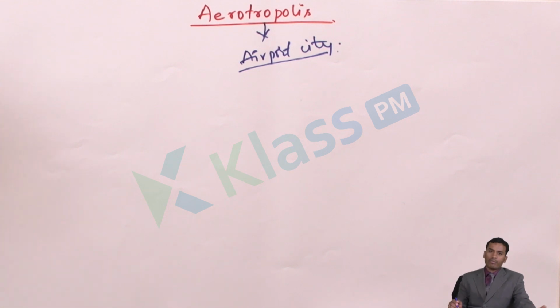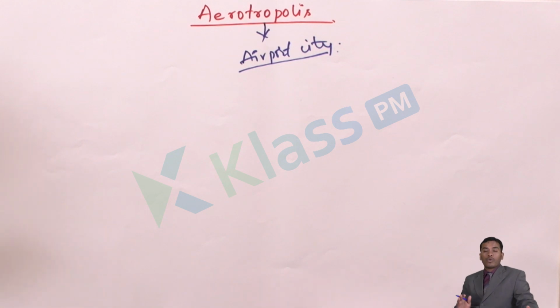In many places we have these Aerotropolis or airport cities, where people prefer to settle in and around the airport. Even in the UAE or Dubai airport, we have Aerotropolis, what we call airport cities.